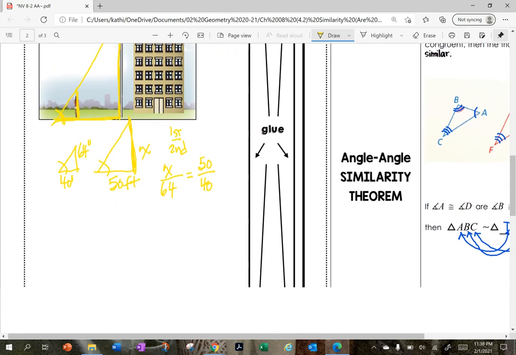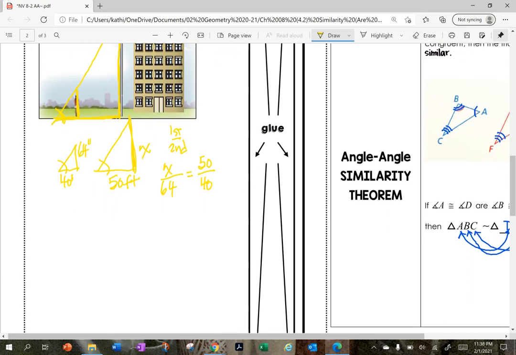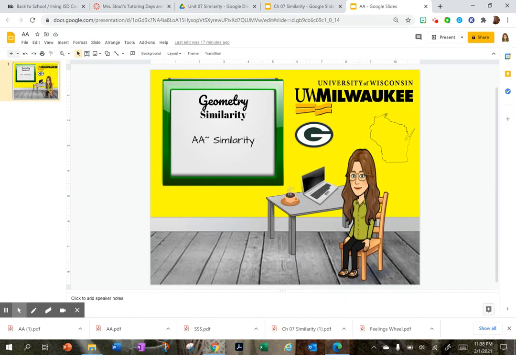So solving for X, I'm just cross multiplying. So my flagpole is going to be 64 times 50 divided by 40. So I get X is 80 feet. So my flagpole is 80 feet. Okay. So that is it.